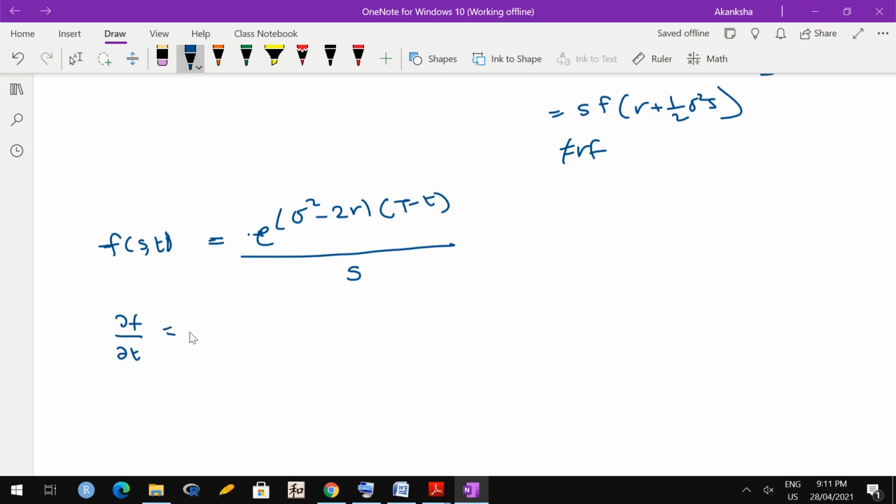∂f/∂t would turn out to be e raised to (sigma square minus 2r) into (T minus t), and then because we are differentiating with respect to t, the coefficient of t would come here.